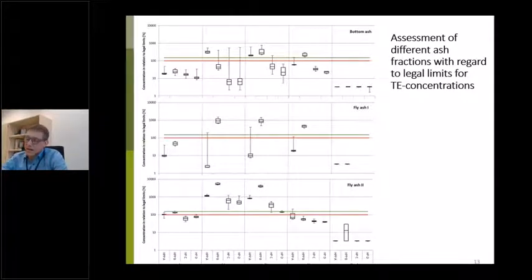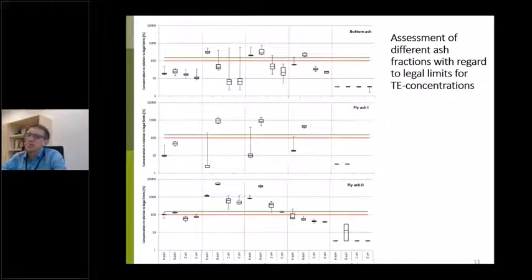So the ashes out of the last filter unit can't be used as fertilizer, and the fly ash 1, which is boiler ash out of the cyclone, might not be used depending on the fuel that is burned and on the combustion plant.